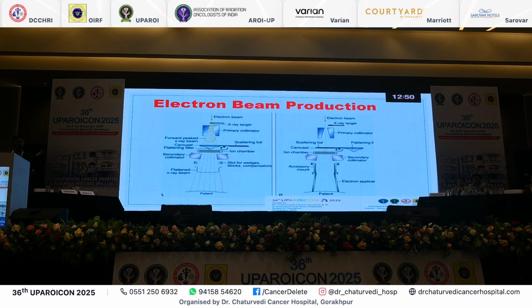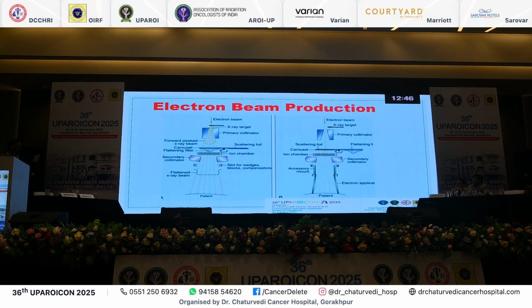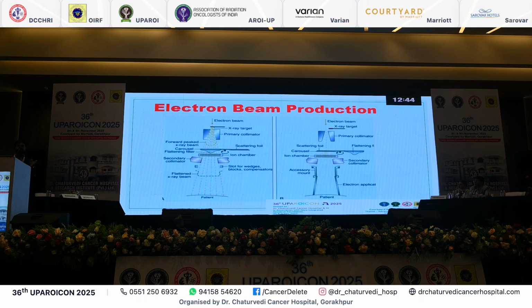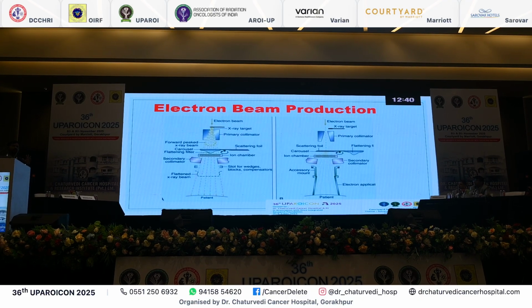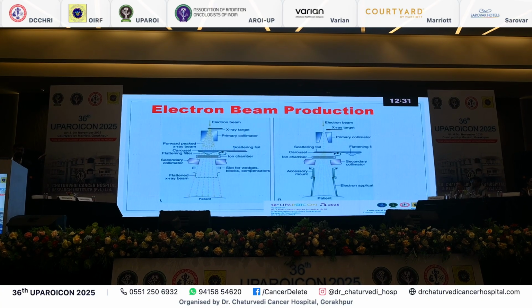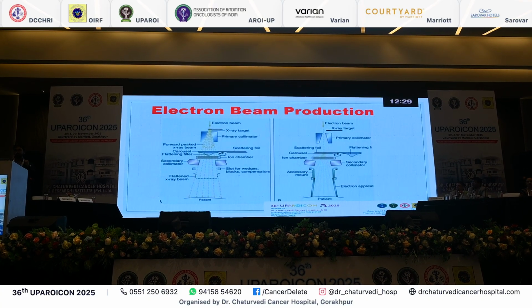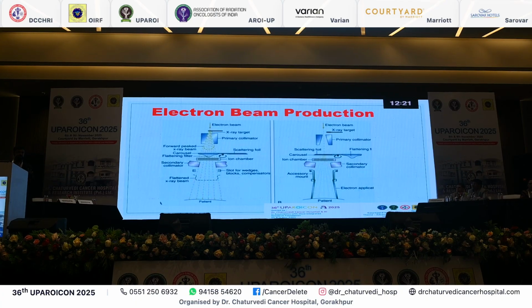Before the ionization chamber, there are the scattering foil and the flattening filter. If you want photon energy, the flattening filter is used. If you want electron energy, then the flattening filter moves away and the scattering foil comes in front. The property of the scattering foil is to spread the beam to the patient surface.